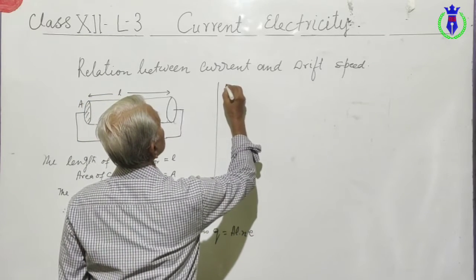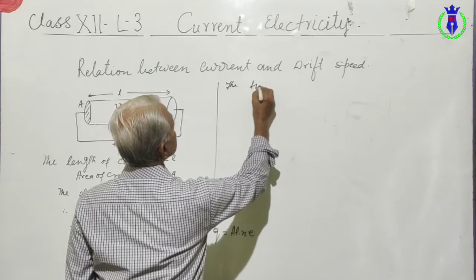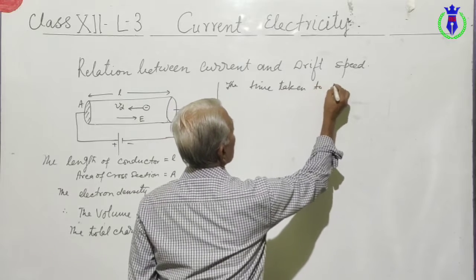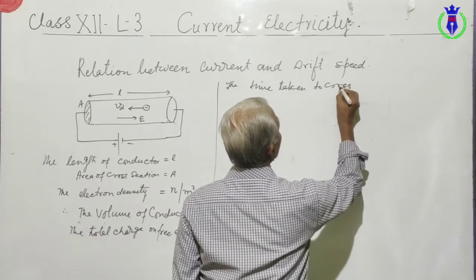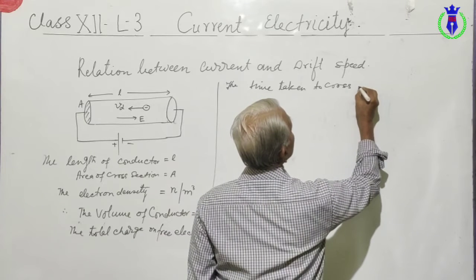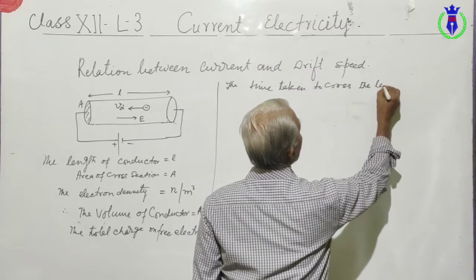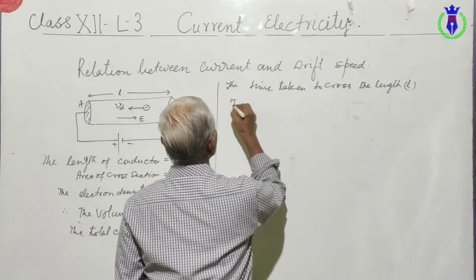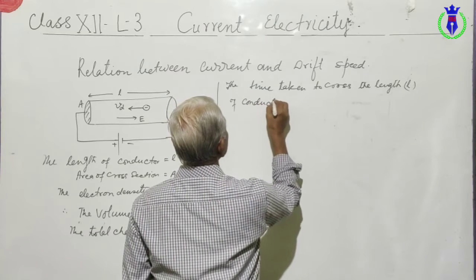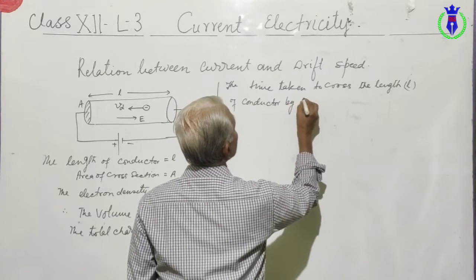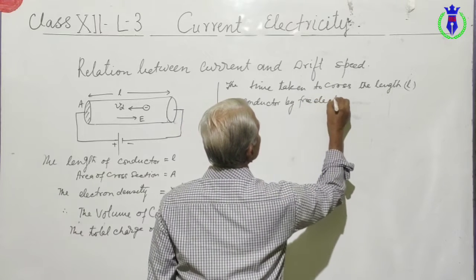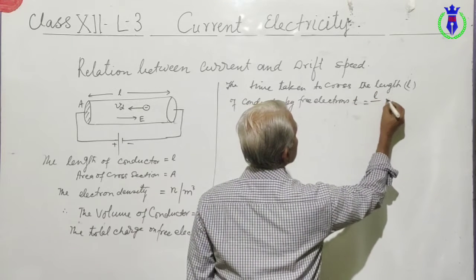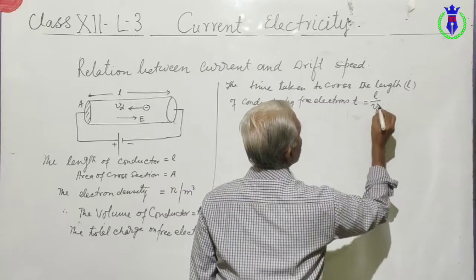The time taken to cross the length L of conductor by free electrons is equal to L upon Vd.